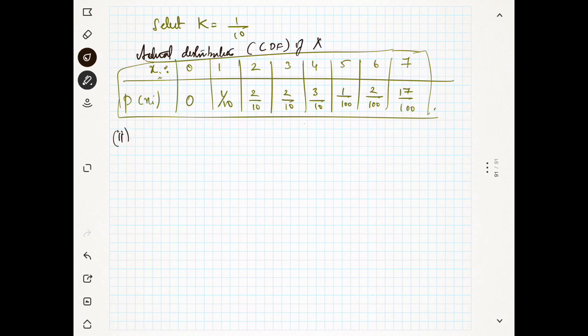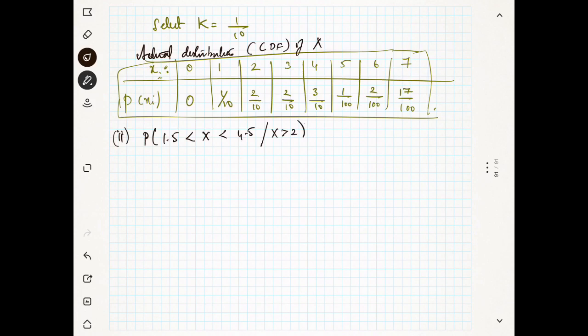what is the probability that x takes the value between 1.5 and 4.5 given that x is greater than 2?